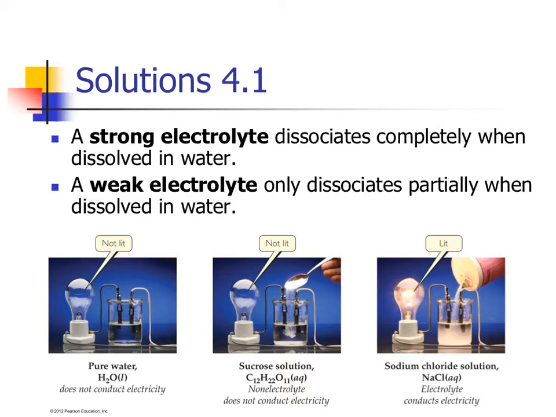Even distilled water might have some impurities in it, so that might still conduct a little bit of electricity. But that's not what they're looking at. It is pure water, deionized water, so there is nothing but H2O present in that. And so we can see how that works.